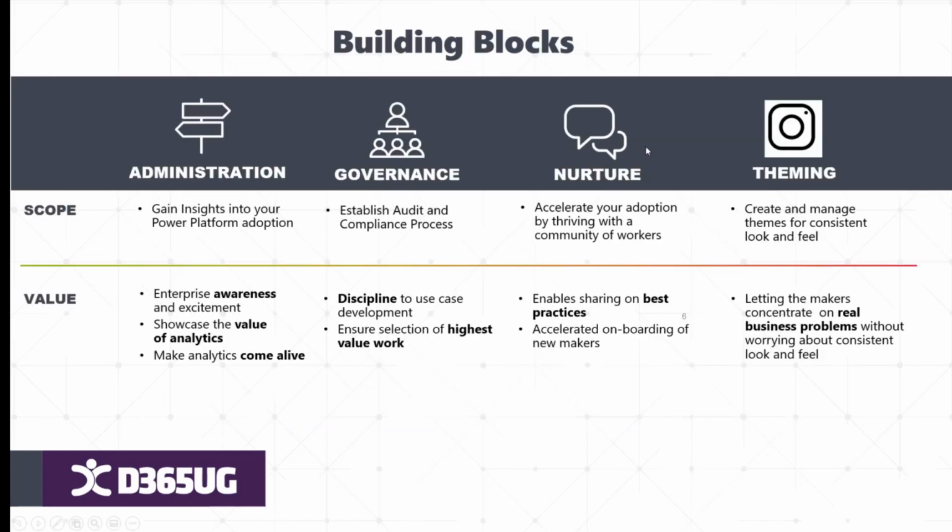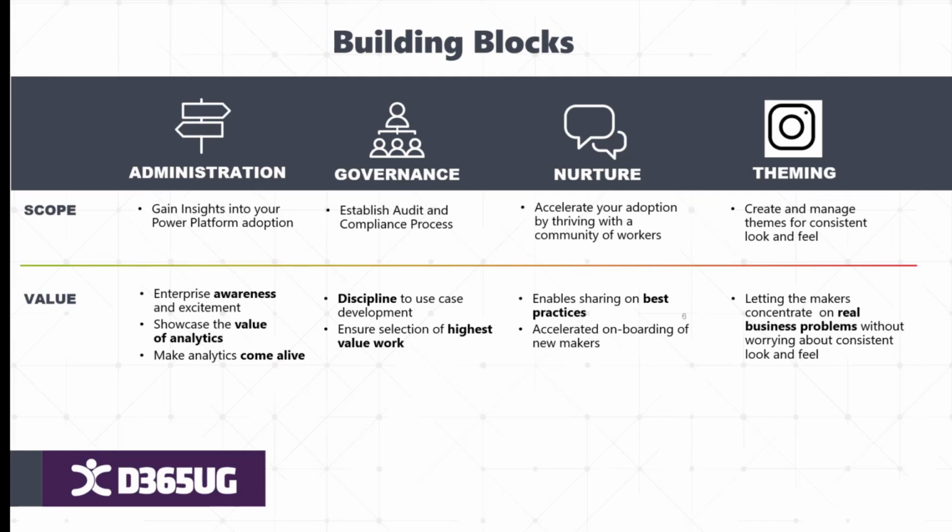Moving on. As I said, there are 4 building blocks of the COE kit. When we say building blocks, it's basically a file that you get when you download the whole kit. It's a set of files and solutions, but logically breaking it down, it comes into 4 main building blocks.